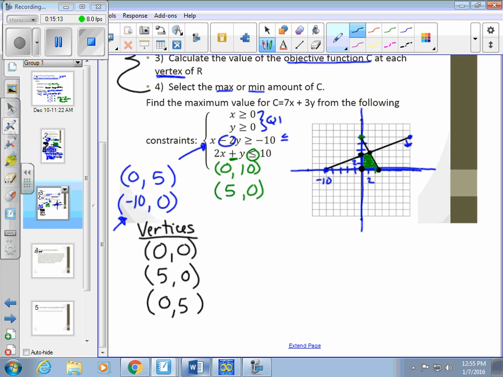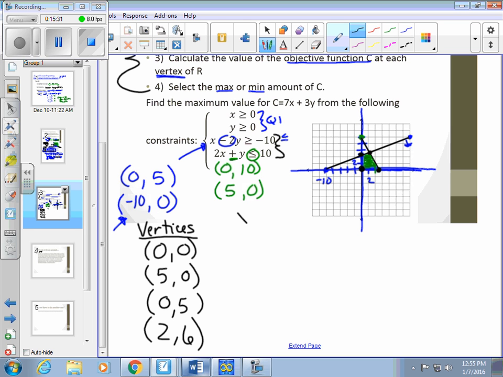And if you're graphing very carefully, you're going to notice that that actually crosses at 2, 6 very nicely. If your graph isn't showing a nice point, we need to solve where these two equations are going to intersect.